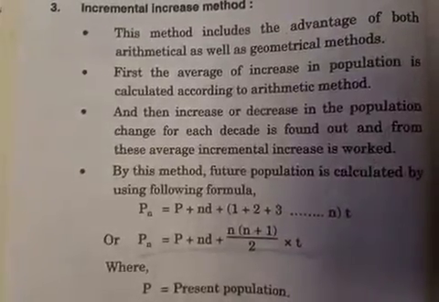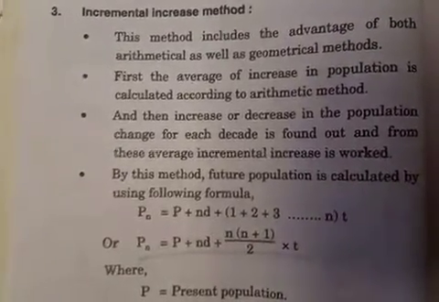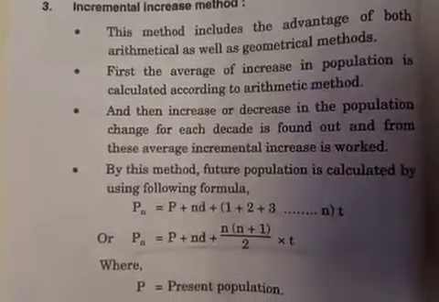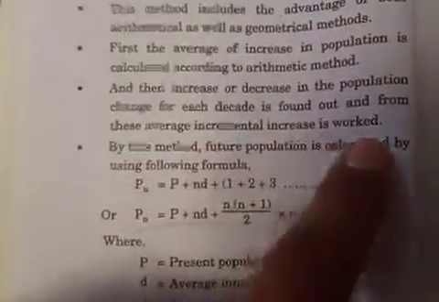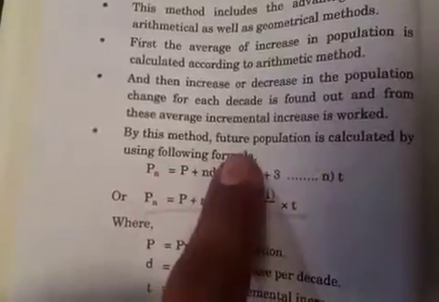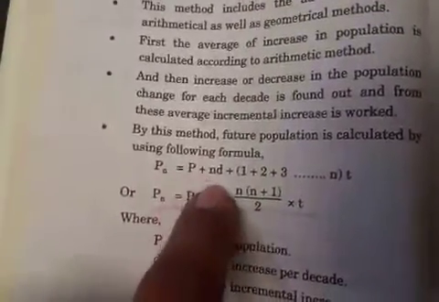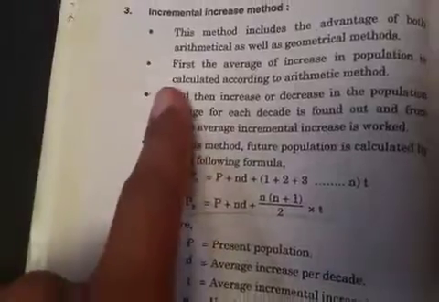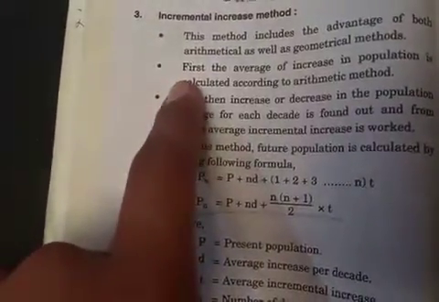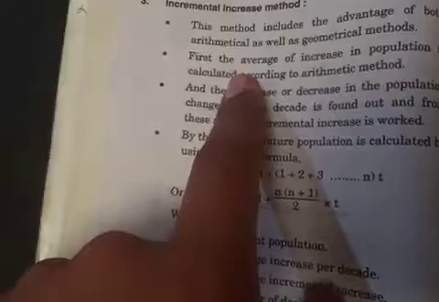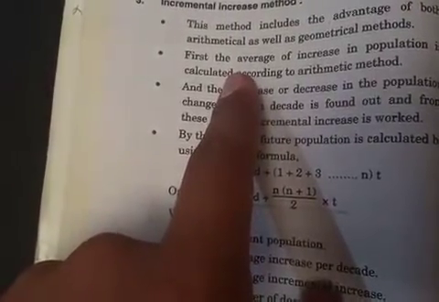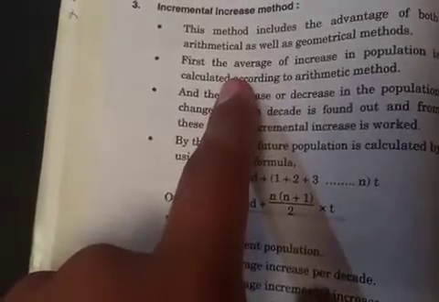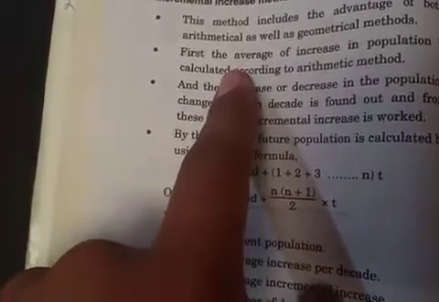After that, the increase or decrease in population is considered. First the increase in population is calculated, and from it the average population increase per decade is calculated.